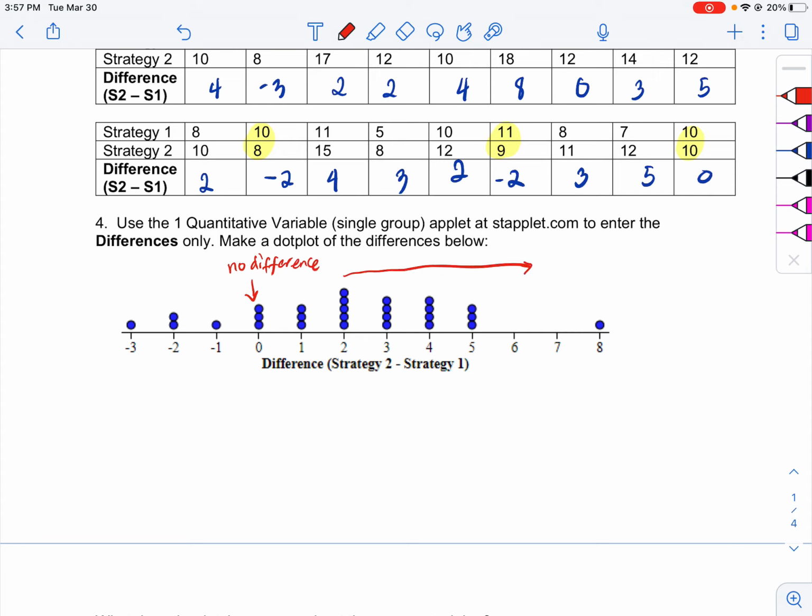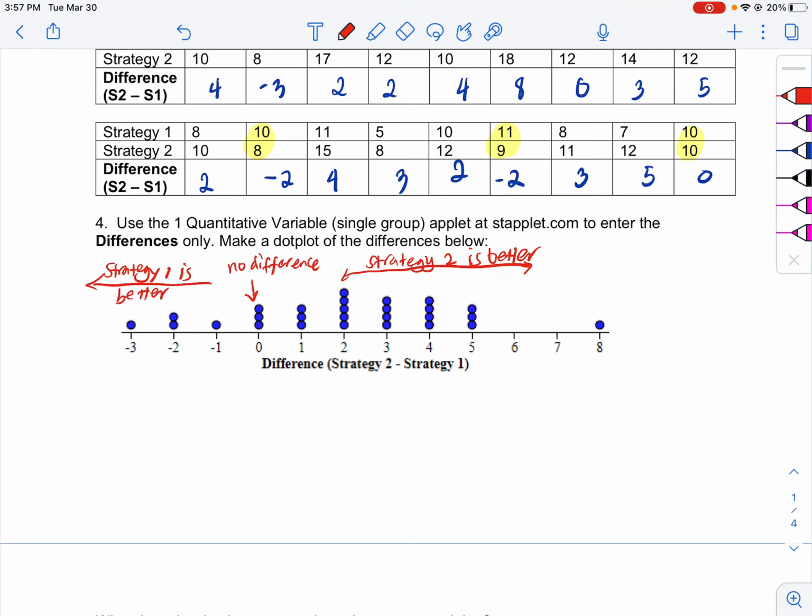Over here on the positive section, strategy 2 is better. And the negative section means strategy 1 is better. There you go.